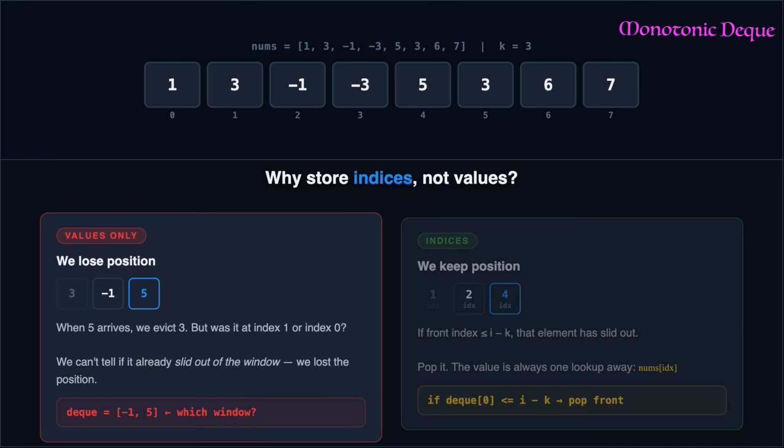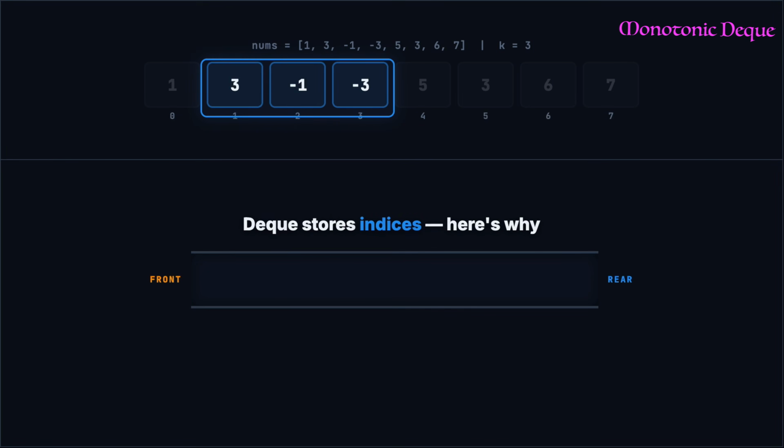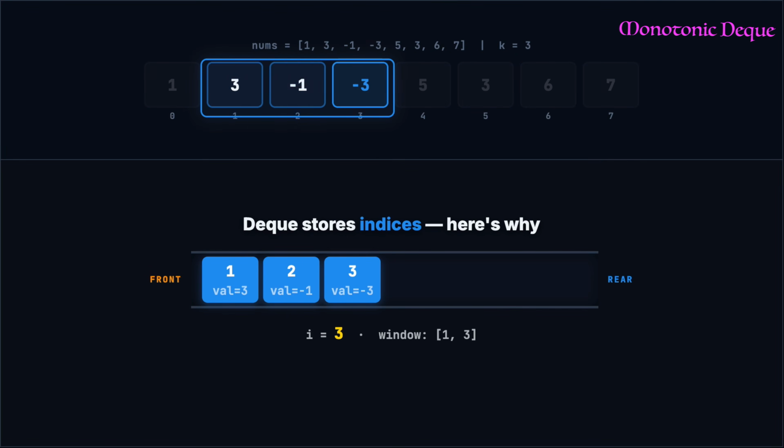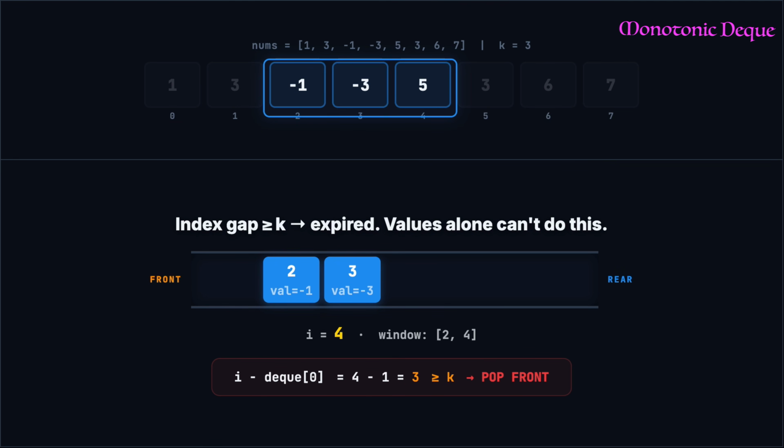Also, we store indices such that the values at these indices will be in strictly decreasing order, because this way we can always look up the actual number in the array anyway. But more importantly, storing the index lets us easily check if the element has slid out of the window just by looking at the difference between the current step and the index at the front of our line.